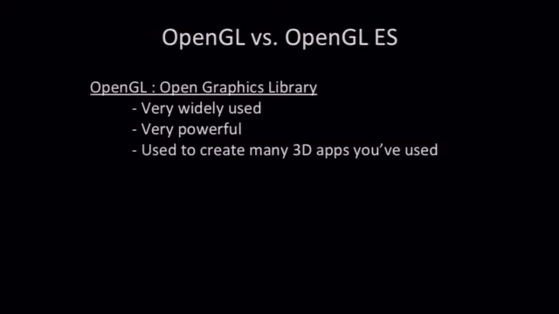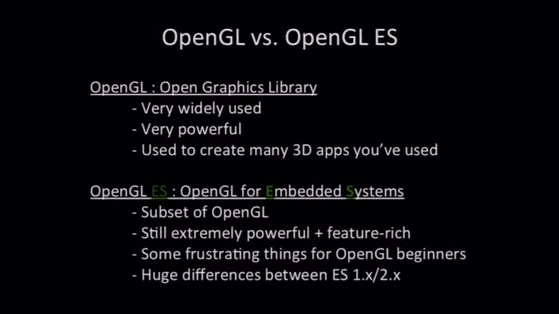However, for iOS, we actually use something called OpenGL ES. The ES stands for Embedded Systems, and the basic idea here is that standard OpenGL has a lot of features which are maybe a little too slow for a mobile device, or if you're not careful, you might mess up and make something really slow or drain battery life. So they've created OpenGL ES for embedded systems to make sure that you can't do those things.